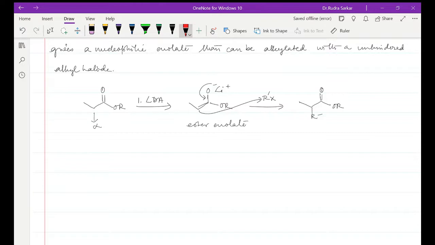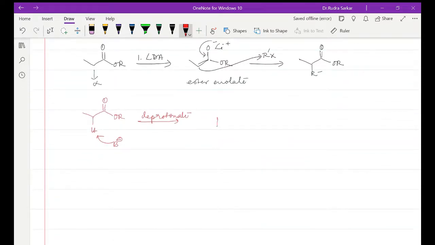Out here, mechanistically, this is the ester, and base is taken to deprotonate it. This is the deprotonation step that should lead to the formation of the ester enolate.